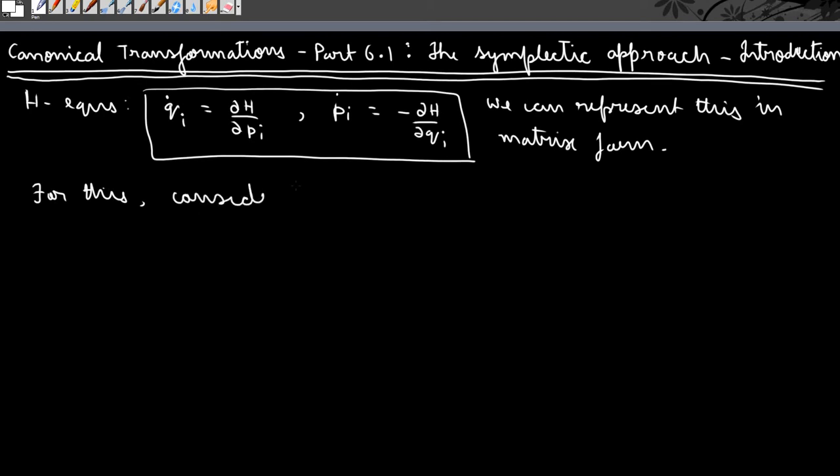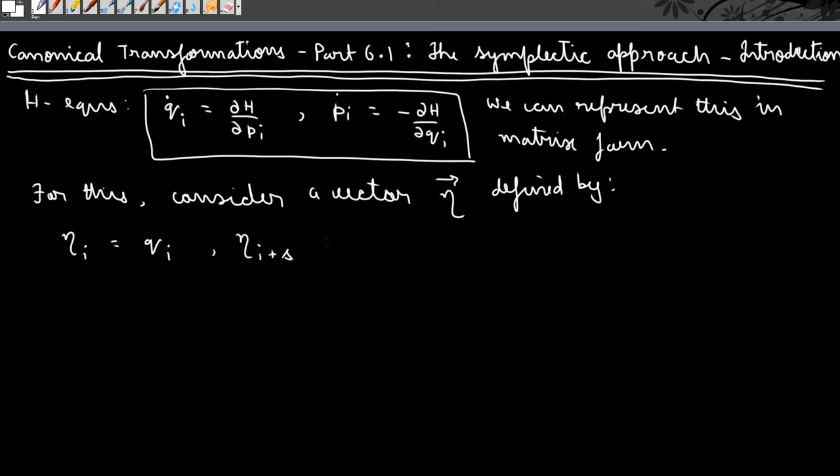In order to do this, consider a vector which I call vector eta, defined by the following components: eta i is going to be Qi and eta i plus s is going to be Pi, for i going from 1 to s.